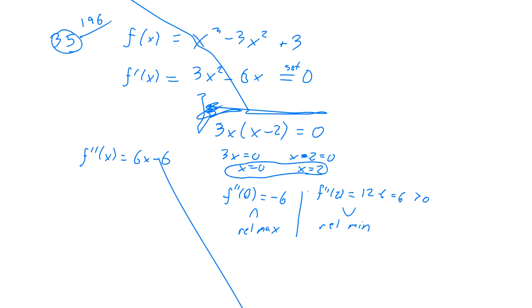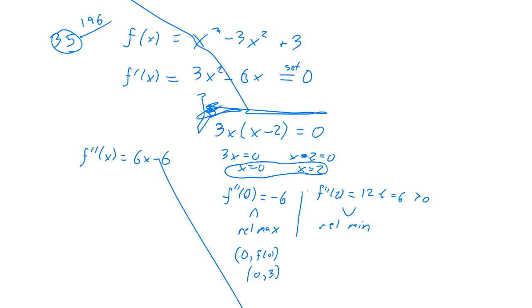Now, if I wanted to know what the maximum value is or the minimum value, then I need to plug back into the original function. So the maximum would be at 0, comma f of 0, and f of 0 is equal to 3 using the original function at the top.